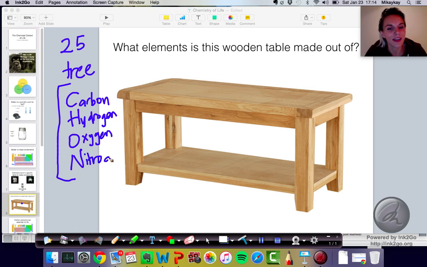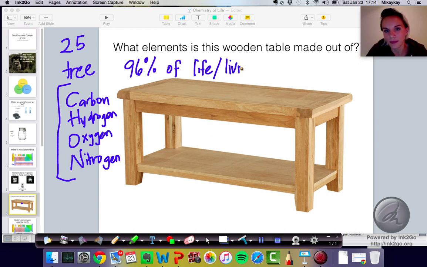I hope you can read my handwriting. If you can't, then use your periodic table, right? And so what we find is that 96% of life, or living organisms, is made out of CHON, right?